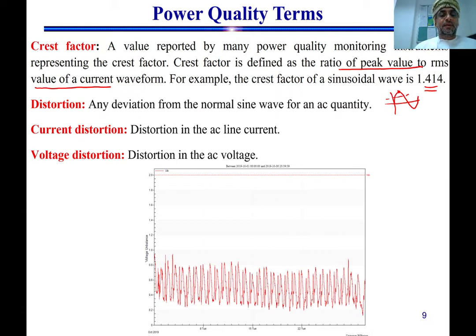Distortion is any deviation from the sinusoidal waveform, right? As we said, we're supposed to have a pure sinusoidal, but we're gonna have such kind of waveform. Then over here we have a distortion. Current distortion, same thing. Voltage distortion in the AC voltage.